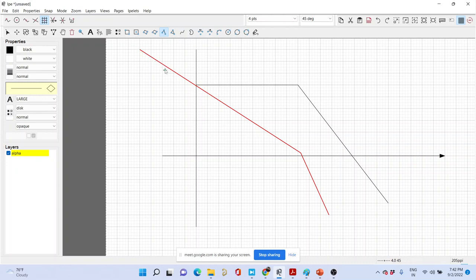You have a pole at origin which contributes the minus 20 dB per decade line, and then over here you have another pole which contributes the minus 40 dB line.